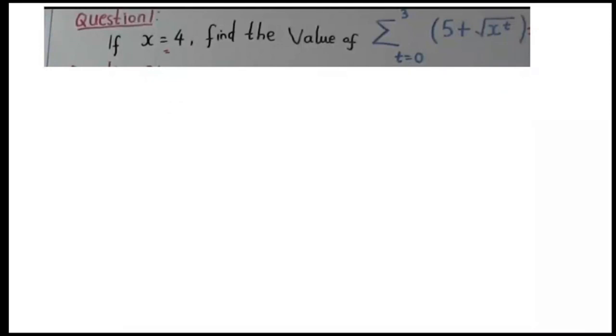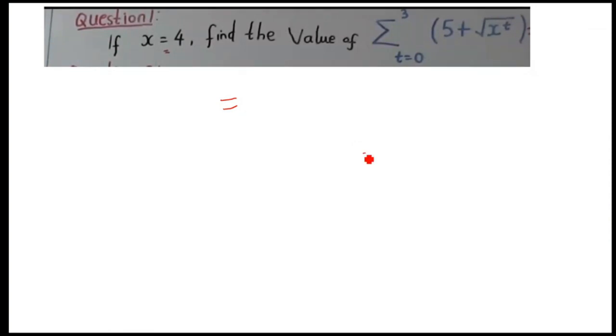Now here is an example of a summation. This is the summation that you are supposed to do. You are starting at t is equal to 0 and ending at t is equal to 3. So we are going to be substituting into this formula.